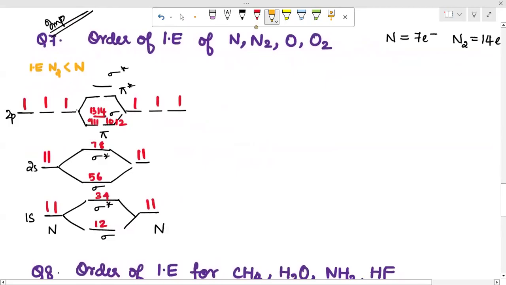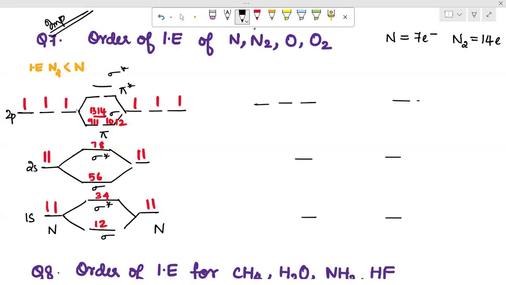Similarly, we'll draw for O2 as well. For O2, it is 1s2, 2s2, 2p4. So it becomes sigma 1s2, sigma star 1s2, sigma 2s2, sigma star 2s2, and here there is a slight change.